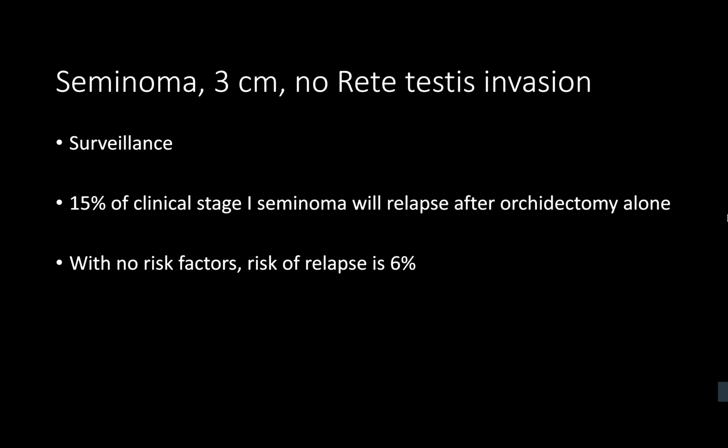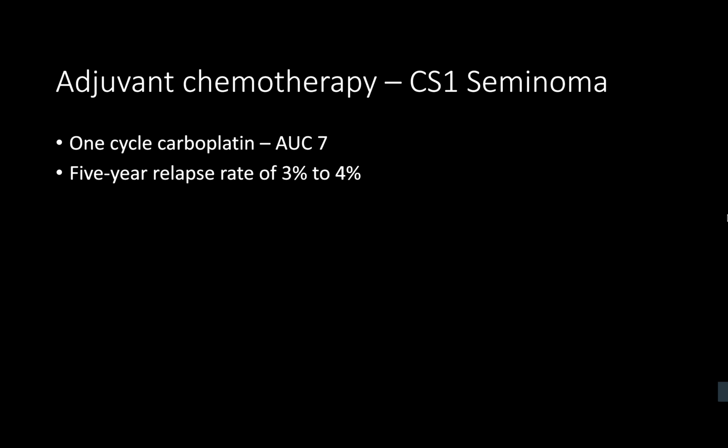Okay. So what is the advantage of giving a single cycle of carboplatin? So a single cycle of carboplatin will reduce the risk of relapse significantly down to 3 to 4%. And there's a study also from the Spanish group of testicular cancer, which showed that if they give 2 doses of carboplatin, this will reduce the risk even down to 1.4%.